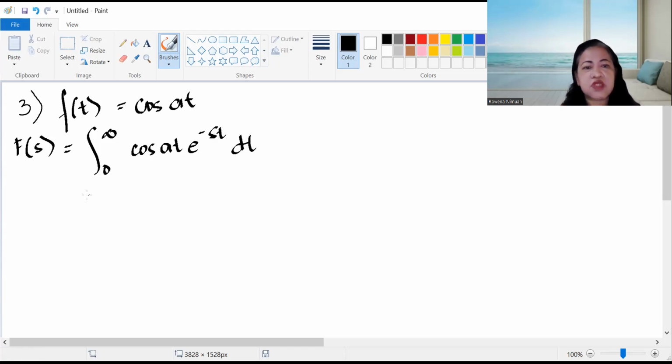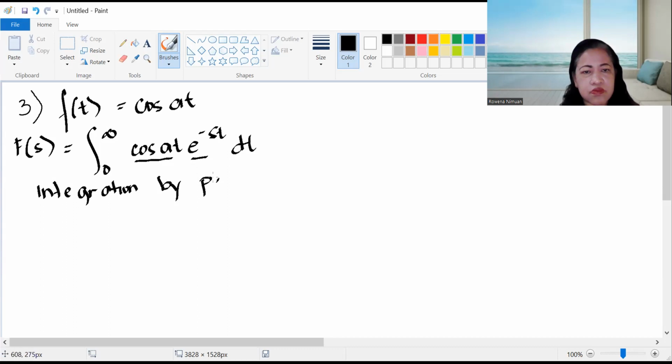Since this involves two functions, we are to make use of what we call integration by parts. To review, integration by parts involves the integral of a certain function u multiplied by the derivative of a function v, dv.